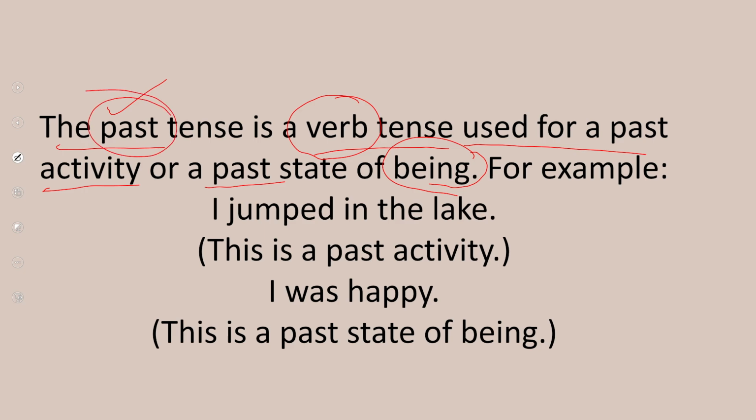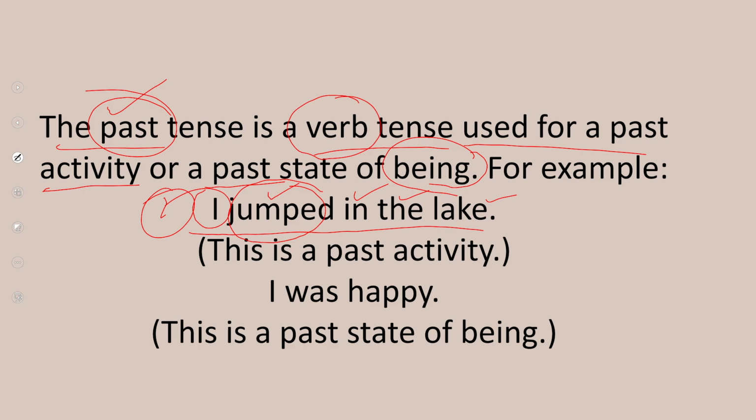For example, in this sentence, I jumped in the lake. Where is our verb? This is our subject. This is our verb, and preposition, article, and noun. Now, the base form of the verb is jump.